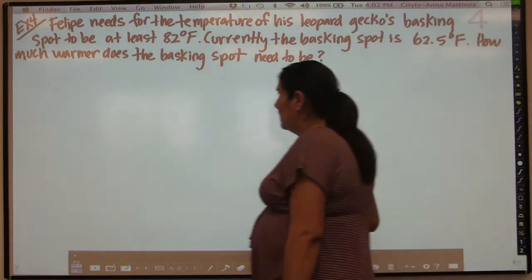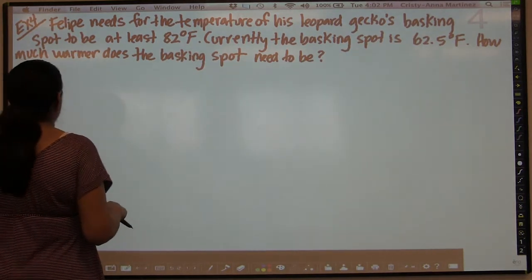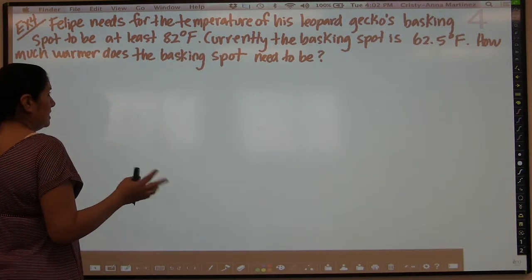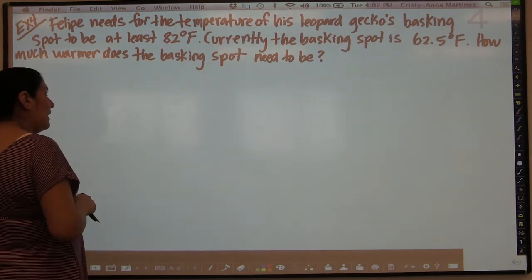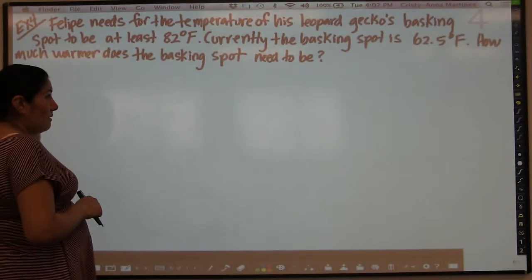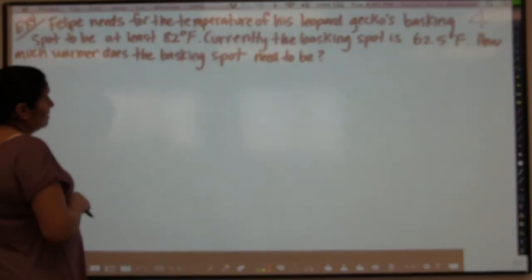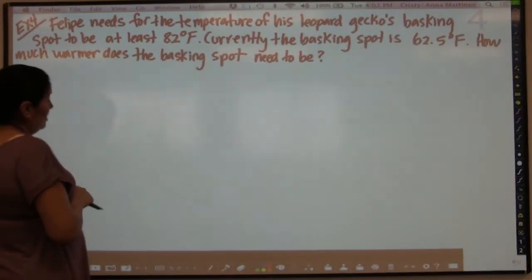And example 4 says, Felipe needs for the temperature of his leopard gecko's basking spot to be at least 82 degrees Fahrenheit. Okay, so if it's at least 82 degrees Fahrenheit, it could be 82 degrees Fahrenheit or more. Currently, the basking spot is 62.5 degrees Fahrenheit.